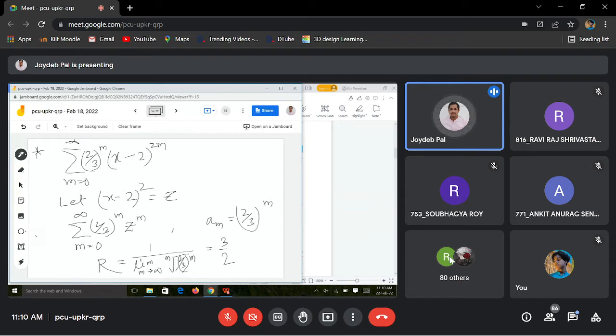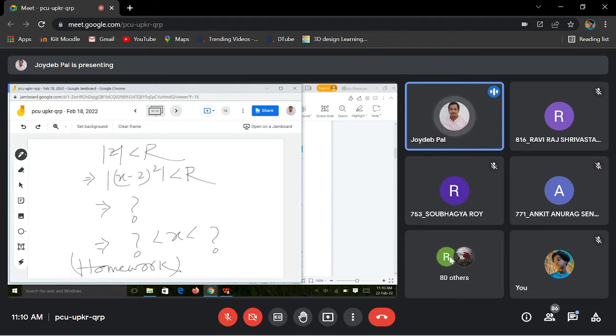Okay, now to find the interval of convergence, we will take the modified series, and for this modified series, the interval of convergence is given by modulus of z less than r. So modulus of z less than r is the condition to find the interval of convergence.